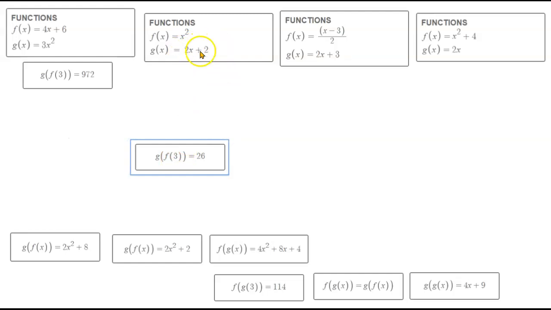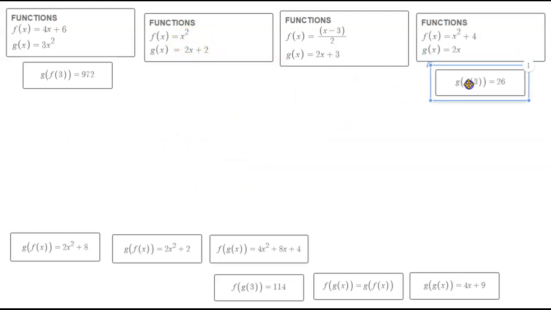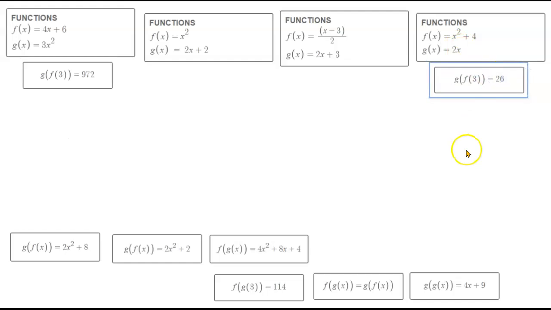That would be 6 plus 2 is 8, and 8 squared is not 26, so it's not that one. Let's try this one. The f of 3 would be 9. 3 times 3 is 9, plus 4 is 13, times 2 is 26, so we have a winner there.